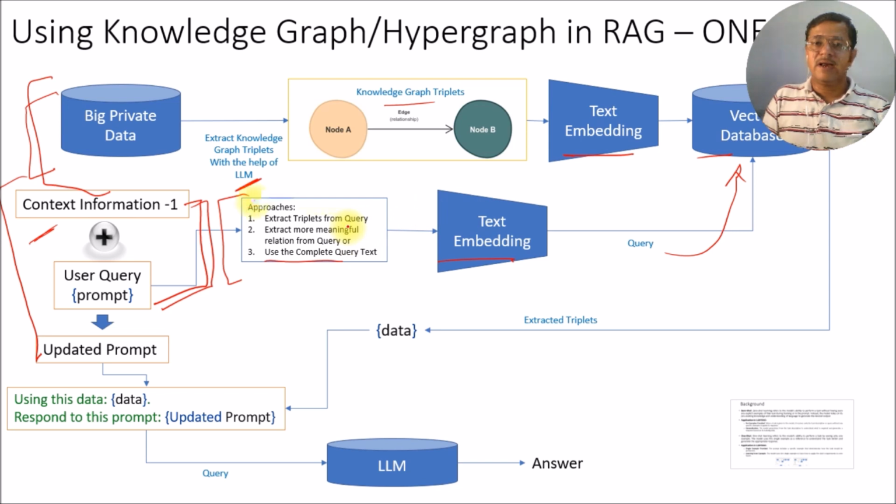Now the scenario is like this: you have data, for example, related to bear. In our case, I have taken sample private data related to bears which live in a non-polar environment. So all information related to bears is available, which live in a non-icy, non-polar environment.